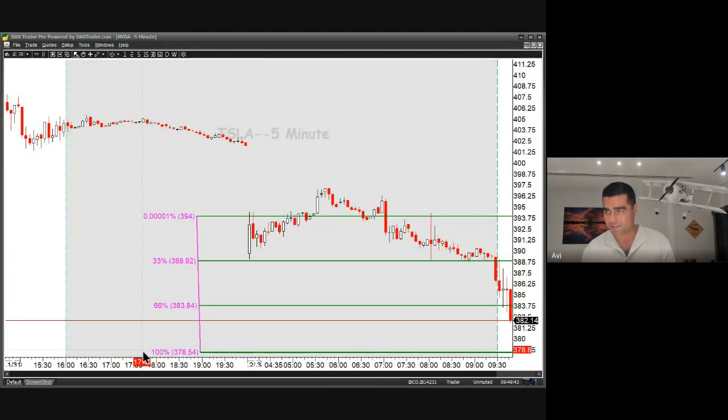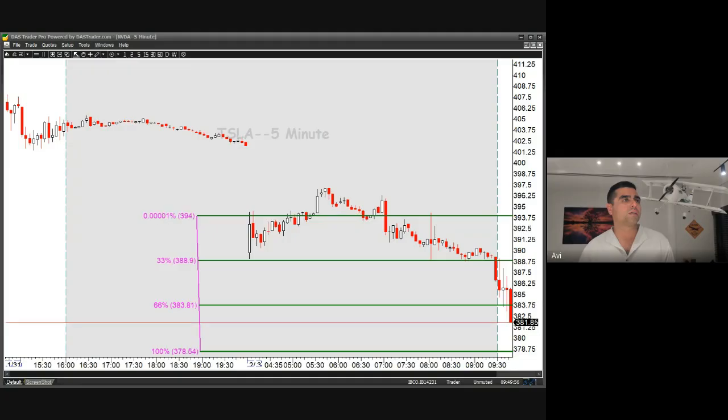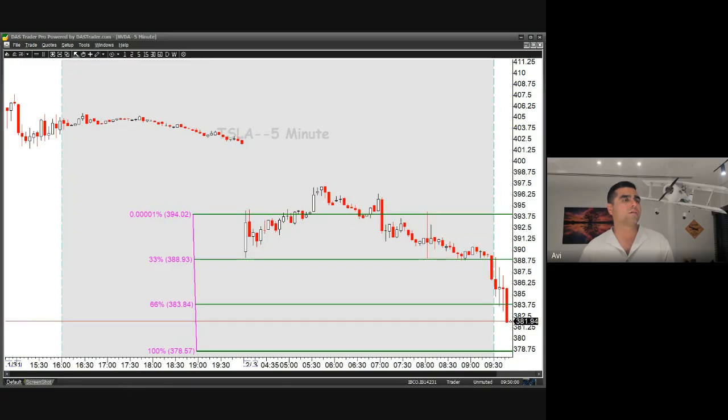That Tesla looks like it wants to go. What's going on here?